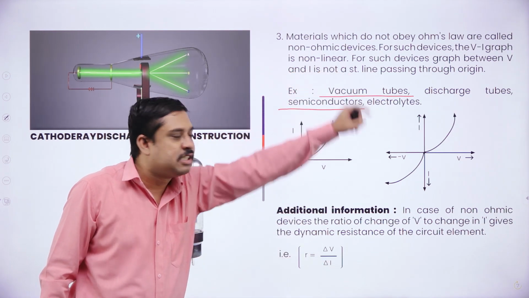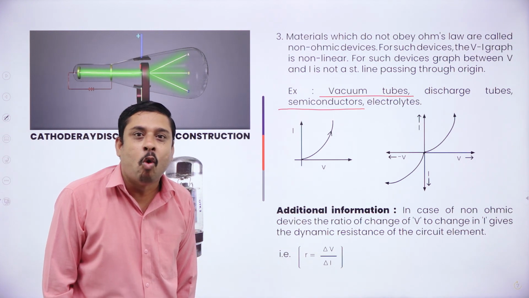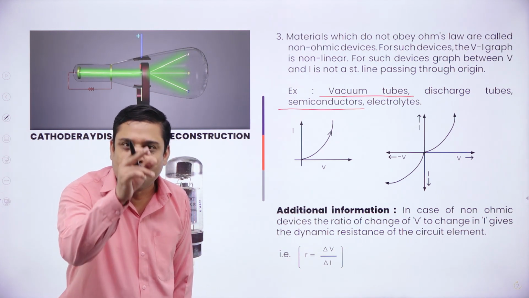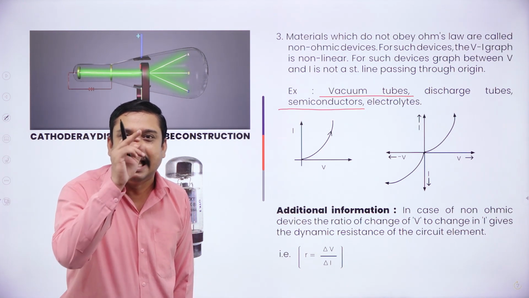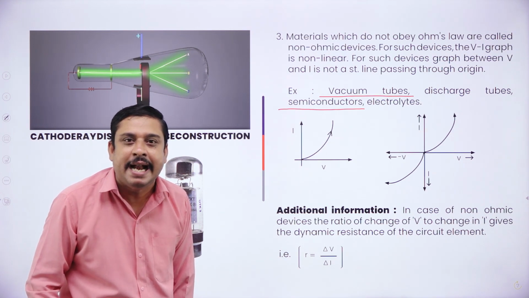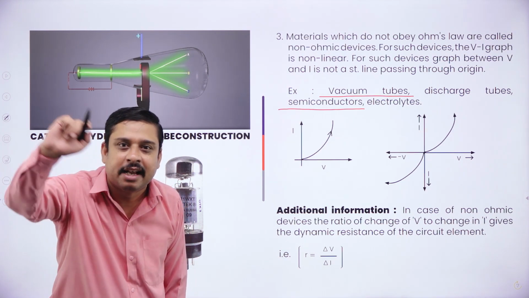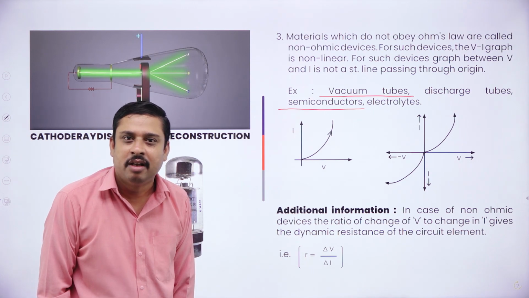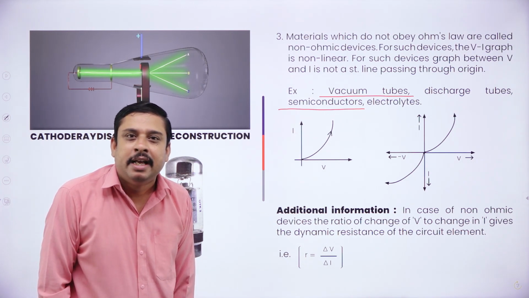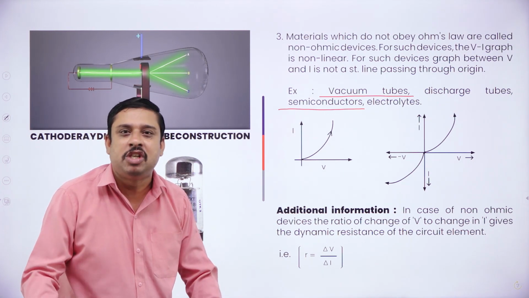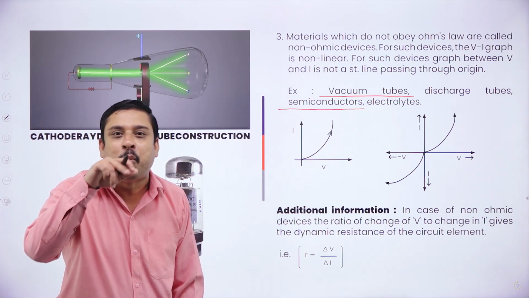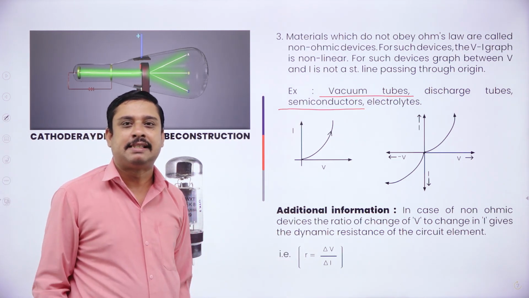Such devices are called non-ohmic devices. For ohmic devices, the graph between V and I is linear, starting from the origin. For non-ohmic, it is an exponential graph. V proportional to I is not established.